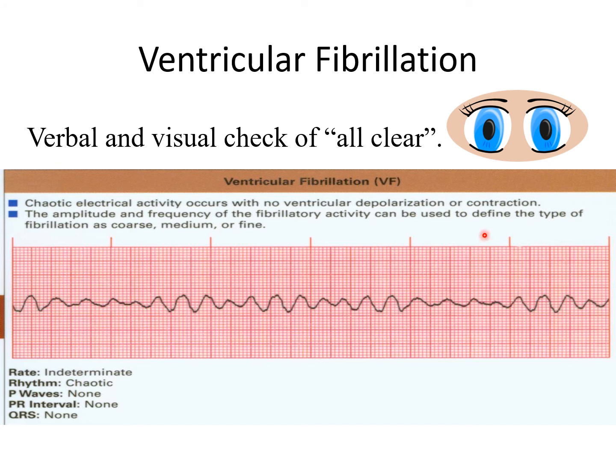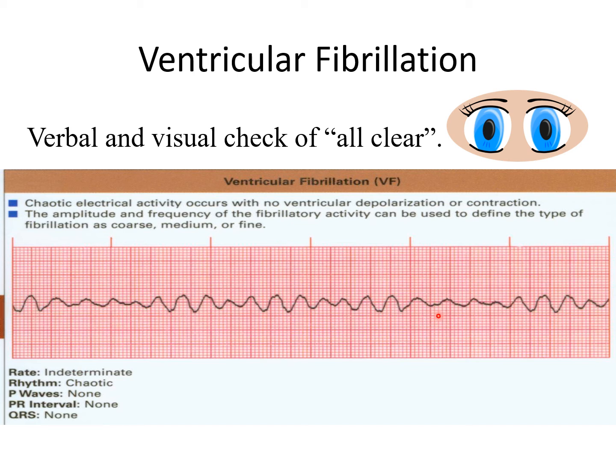Now, going back to VFib, we said when we have an irritable heart the PVCs can lead into a VFib situation. We said that the ventricles, the workhorse of the heart, are simply quivering or fibrillating. And when that happens, we get this chaotic electrical activity. Again, there's nothing to identify in terms of waves, like we don't say PQRST.